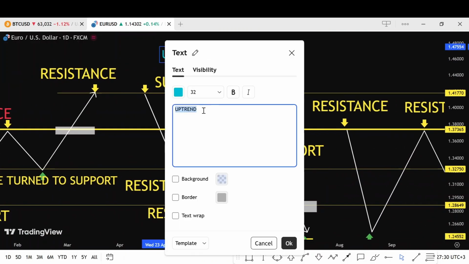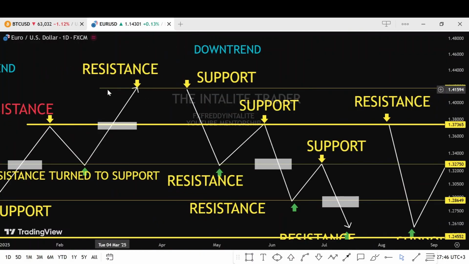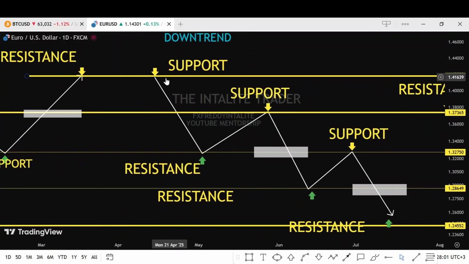This is a downtrend. So for this downtrend here, this level will act as support, the same price level where the market is at here.